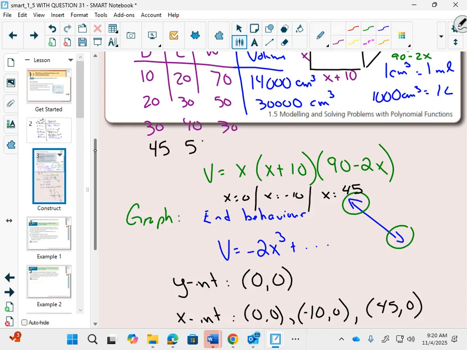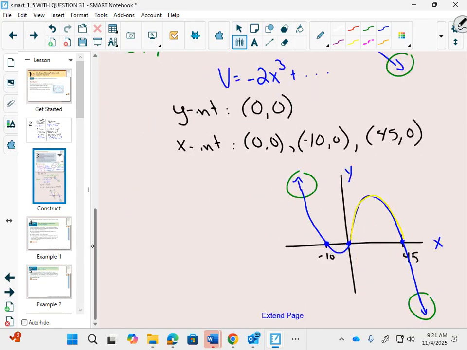This would be 10 more, 55. What's the other one? That would be 0. That would be like making a tiny, tiny thin piece of paper suitcase that you could not put anything in. Not very practical. So the only thing that makes sense is this yellow part, and what we're looking for is that point.